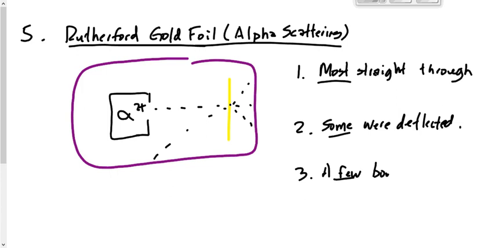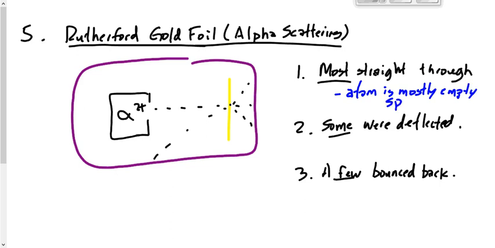What did that tell us? Remember the football field analogy? We had 100 people running across the football field, 90 of them went straight across. That means the nature of the football field was that there was nothing there. The football field was mostly empty space. Okay? The atom is mostly empty space, and that makes sense to us, right?